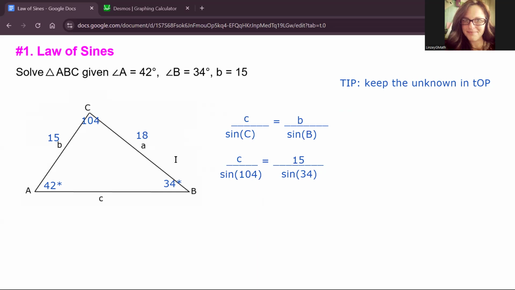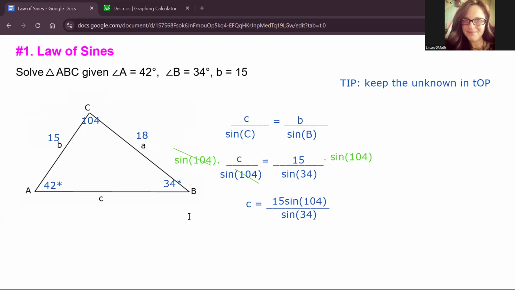And now we can multiply by sine of 104 degrees, bring it over to the other side of the equal sign. Cancels out on this side. And we're left with side C is equal to 15 times sine of 104 degrees divided by sine of 34 degrees.